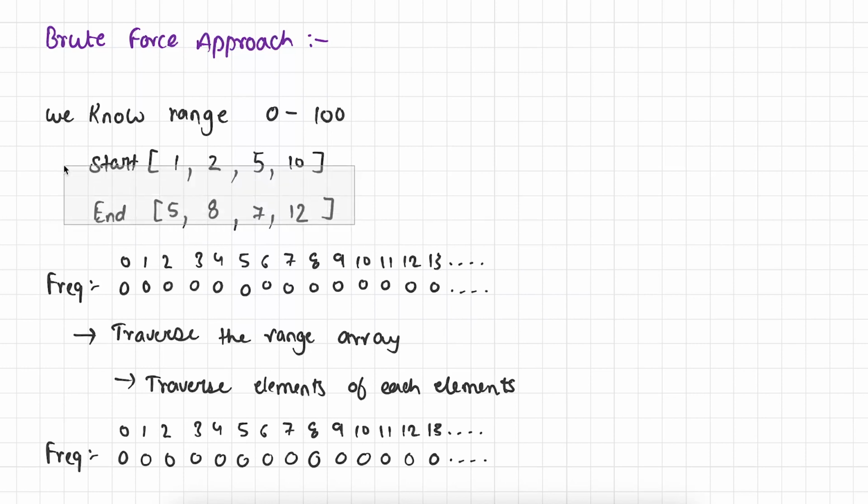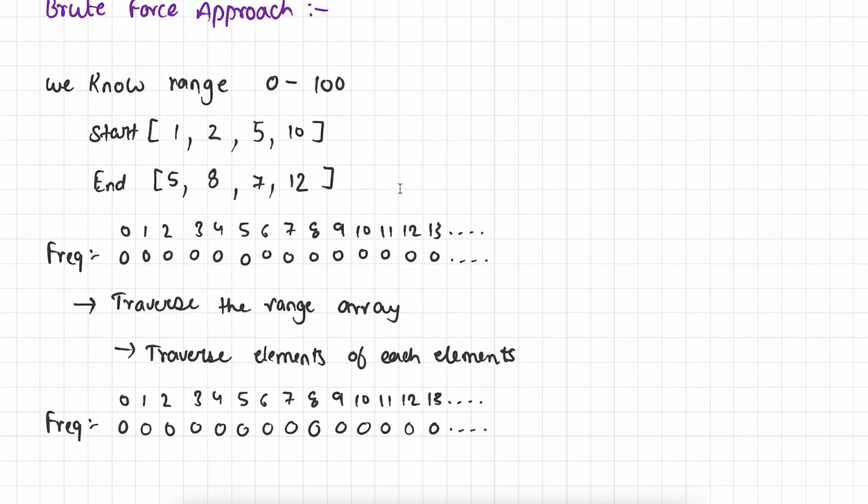These are the given arrays, and they represent the starting and ending index of the ranges. As per our observation, we already know that the range is always going to be between 0 and 100. So by considering this fact, we are going to create a frequency array of size 100 and initialize all the elements to 0. This is the first step.